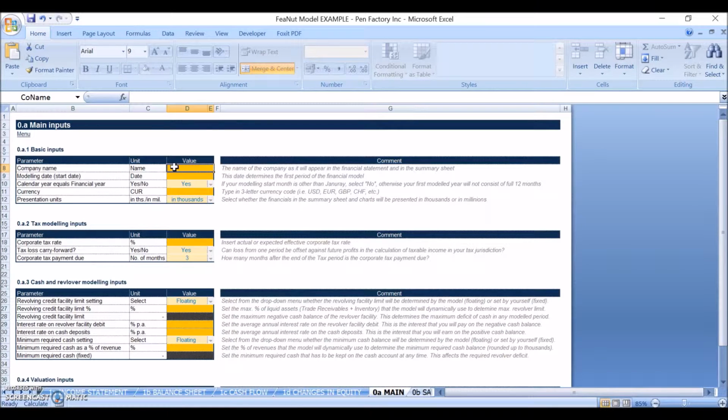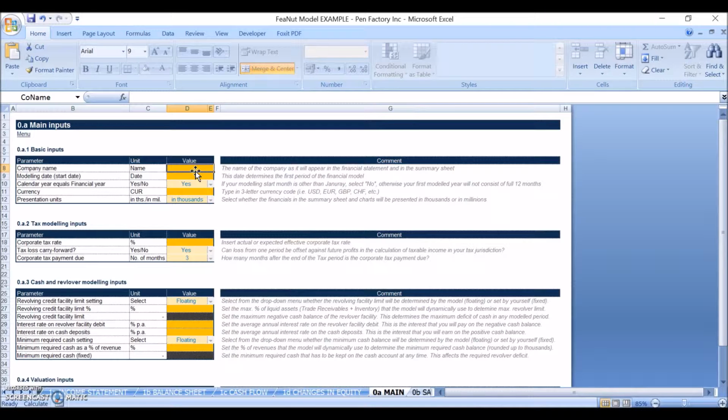But if it is a required input, it will be highlighted in orange, and it will remain orange until you provide a data input, and once you provide a data input, the color of the cell will change to yellow. So this dynamic color coding also helps you to understand where you have to provide the data that is required for the model.